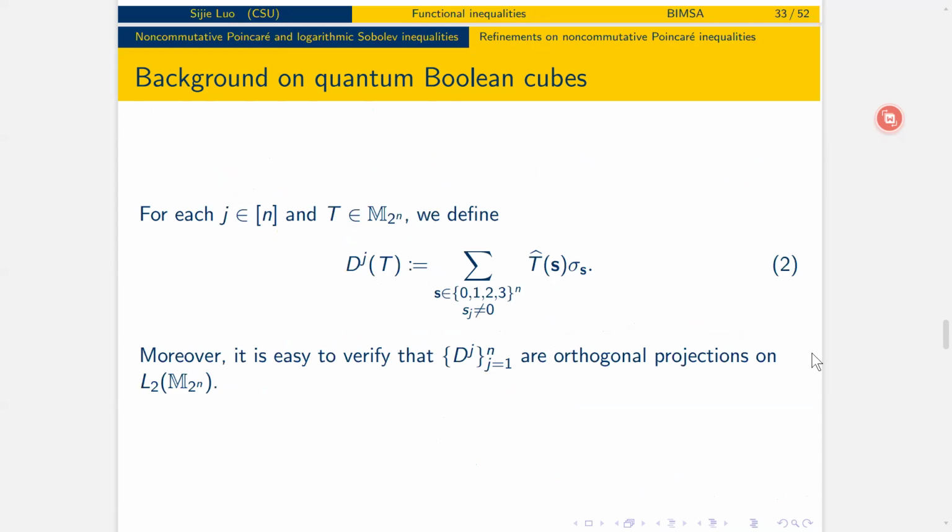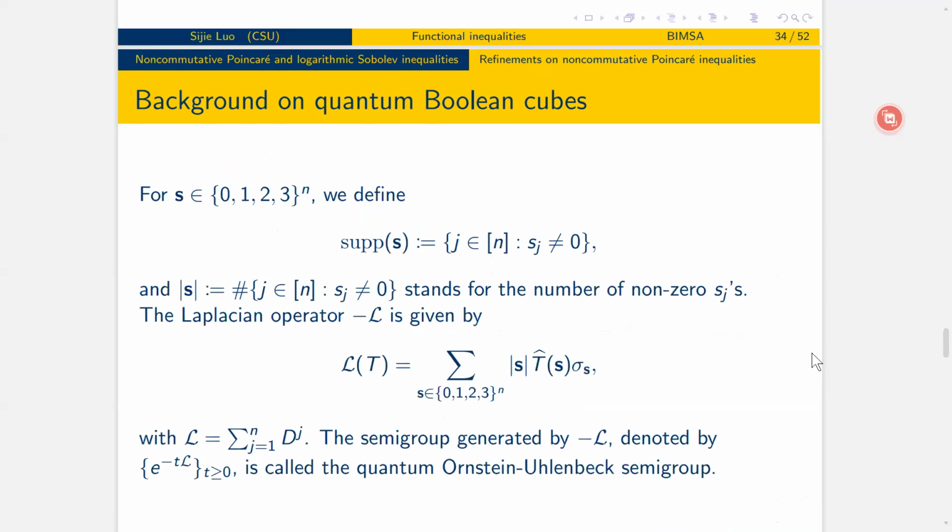And okay, this is the partial derivative defined by Fourier multiplier. And also we can use the Laplacian or number operator here. Now what is |s|? |s| is the cardinality of the support of s, and the support of s is the set of non-zero projections.